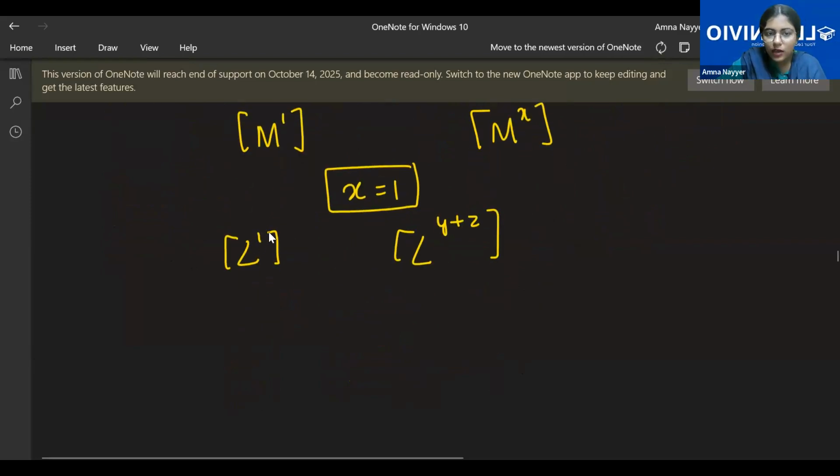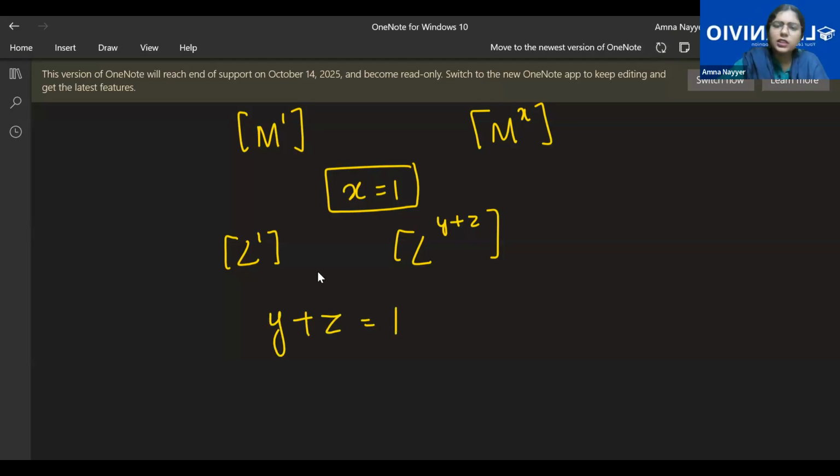Now this whole power of L is equal to this complete power of L. If a formula is given to us, it means it is dimensionally correct. We don't have to check whether it is right or wrong, though there are certain questions which say you have to show whether the formula is correct or incorrect. Now we can say Y plus Z is equal to 1.